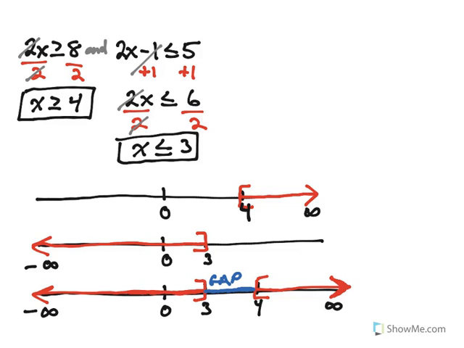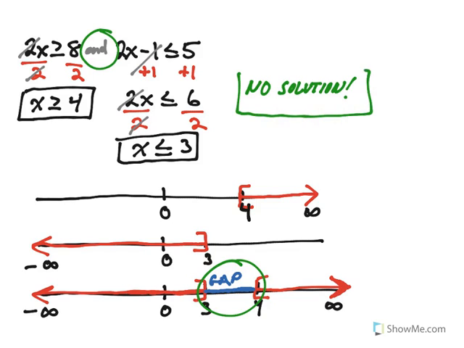It had an and. And when we have an and, the graphs should overlap. There should be an intersection, but there isn't. This is a gap. This contradicts it. So this right here contradicts this. And therefore, there is no solution. After all that work, there's no solution. Well, that can happen because of the contradiction.